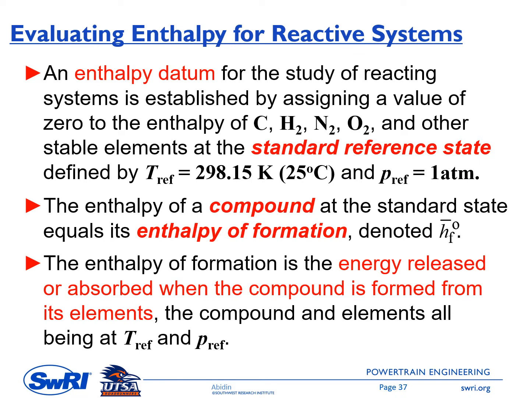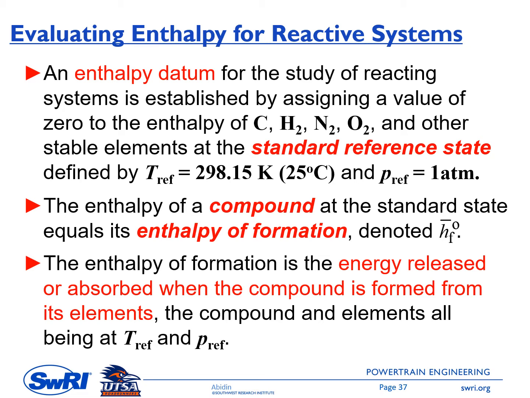An enthalpy datum for the reacting system was proposed by assigning a value of 0 to the enthalpy of stable elements at the standard reference state. And the standard reference state is at 298.15 Kelvin, or 25 degrees C, and a reference pressure of 1 atmosphere. So any stable element at this reference state will be assigned a 0 enthalpy.